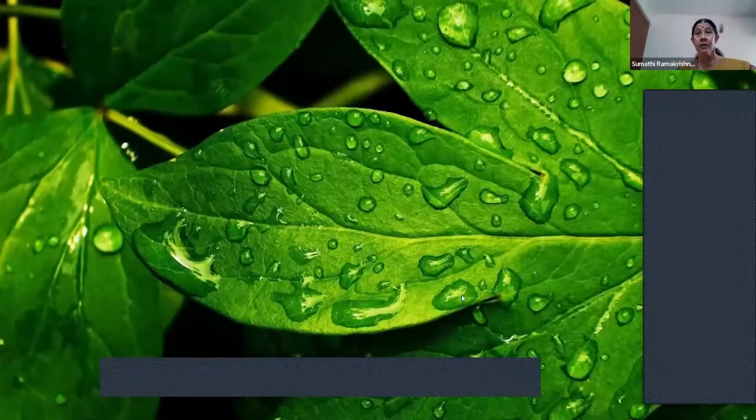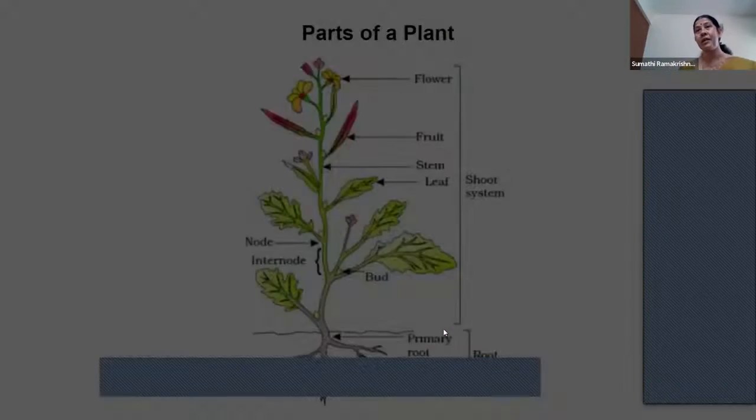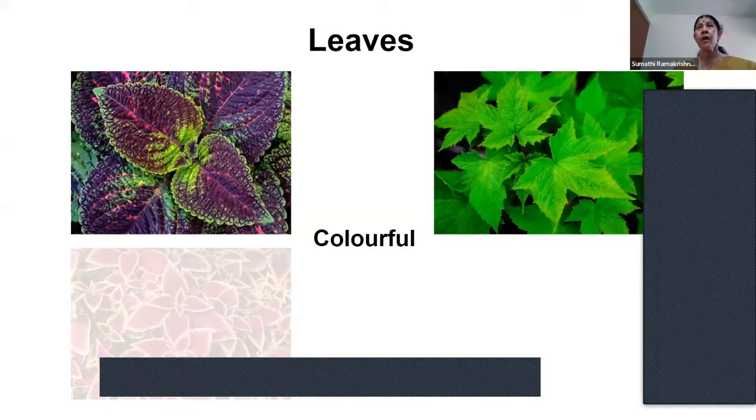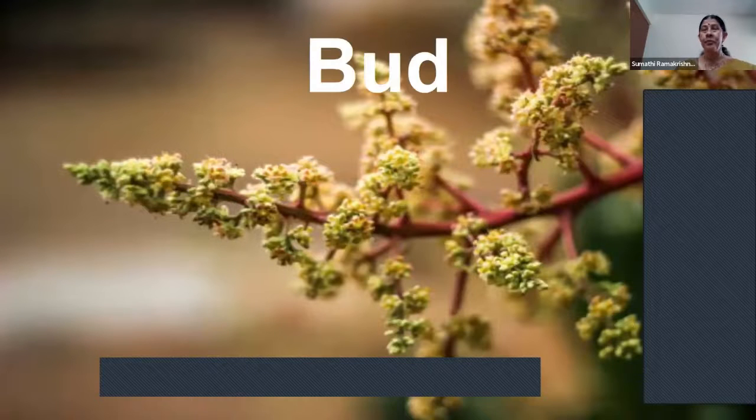And anything below the soil is the root system. Anything above the soil, the plant which grows above the soil, is the shoot system, and what is below the soil is the root system. So you can talk about these two. Then you can proceed further.